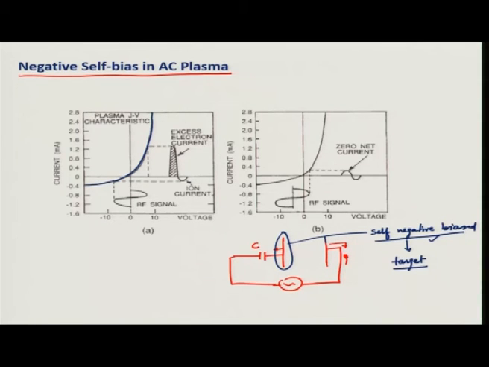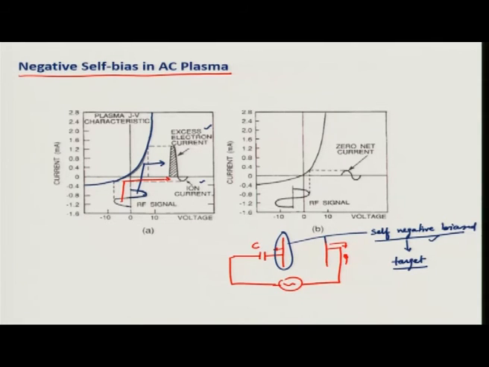So, we will have a large electron current on this electrode and less ion current, which is positive current. And this is my RF signal which is applied. This is the positive cycle which results in this electron current. This is the negative cycle which results in ion current.